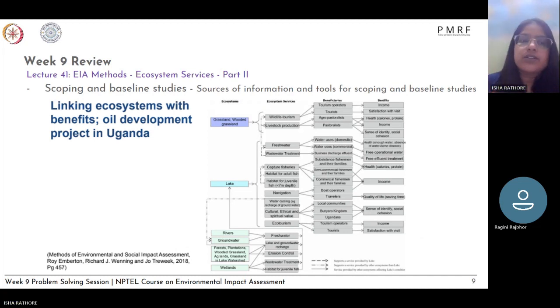Then, for example, now linking ecosystems with benefits. So, this is an example of how we can look at how ecosystem services are getting affected. So, for example, if you have a grassland or a wooded grassland, this is a type of ecosystem. So, the ecosystem services, there can be many others as well, but let's say the ecosystem service primarily is wildlife tourism.